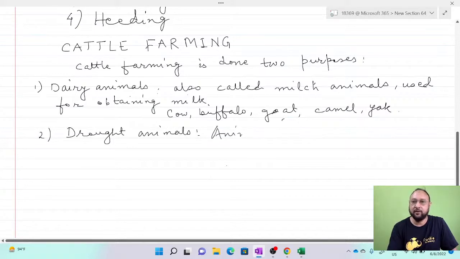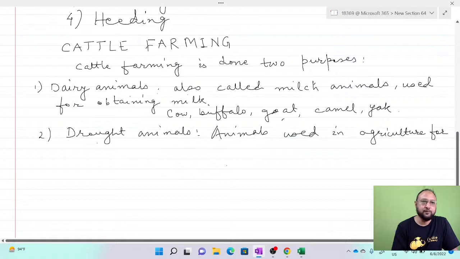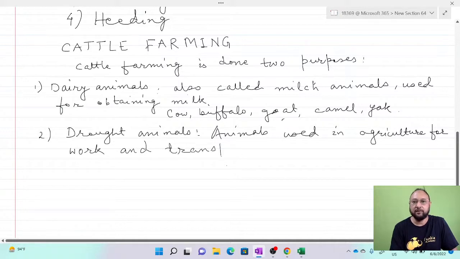Animals used in agriculture for work. Maybe for plowing the agricultural field, or for some other work or transporting.